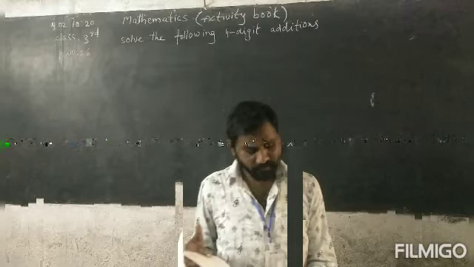Now next, 4428 plus 3171. First, the given numbers write in column wise according to their places, and first we add the digits in one's place. 8 plus 1, so you get 9. 9 right under one's column.